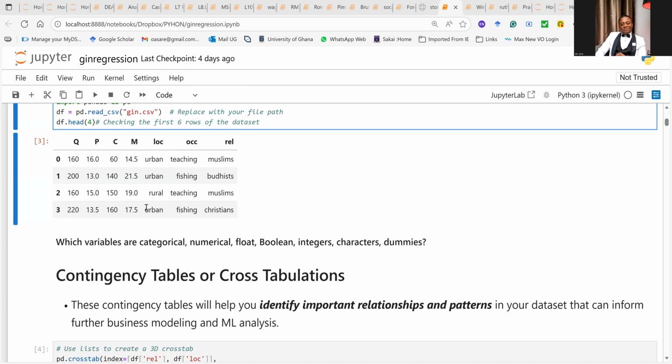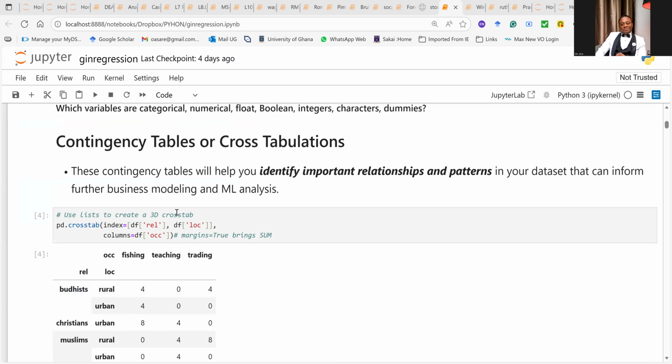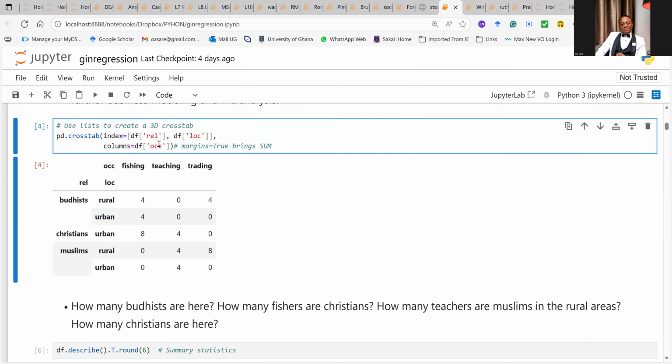All right. Let's look at the contingency table from this data set that we spoke about. We've already explained what a contingency table is. I'm just going to create a contingency table and ask you a few questions related to that. I'm doing it for religion, location, and occupation all together.